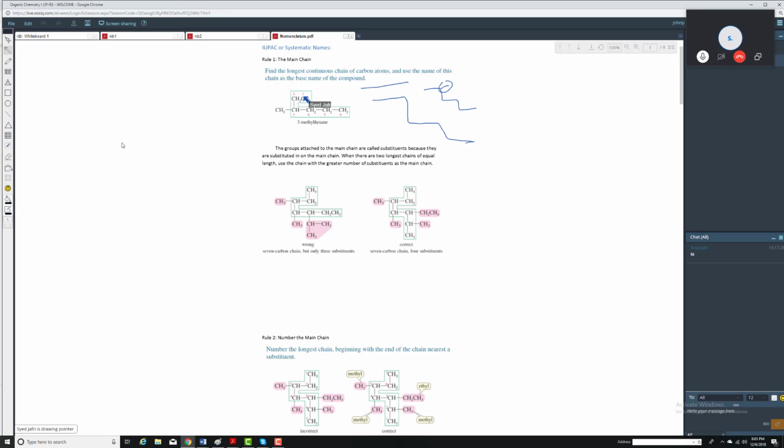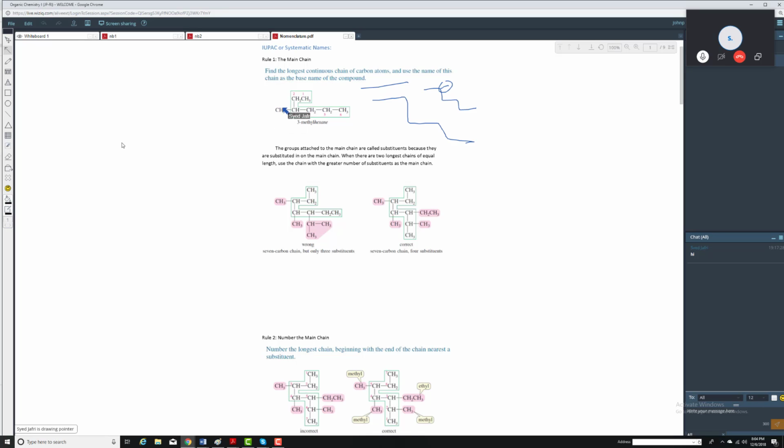If I start from here, 1, 2, 3, the group substituent comes on which carbon? Third. If I start from the other end, the substituent will come on which carbon? Fourth. You give the lowest number to the branch, the one nearest to the branch. That's why we are giving 3.